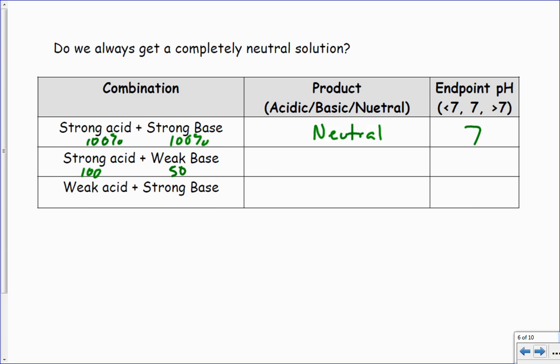So now 50% of my H pluses are left over, because 50% of them are going to hook up here and neutralize into water. I'll have 50% of my solution as H plus, so I will be acidic, and I will therefore be less than 7. And the exact opposite happens here with the strong base. I'll be 100% OHs. And here with a weak acid, let's say I'm 50% H plus. That's going to use up 50% of this OH and leave me with 50% OH in solution.